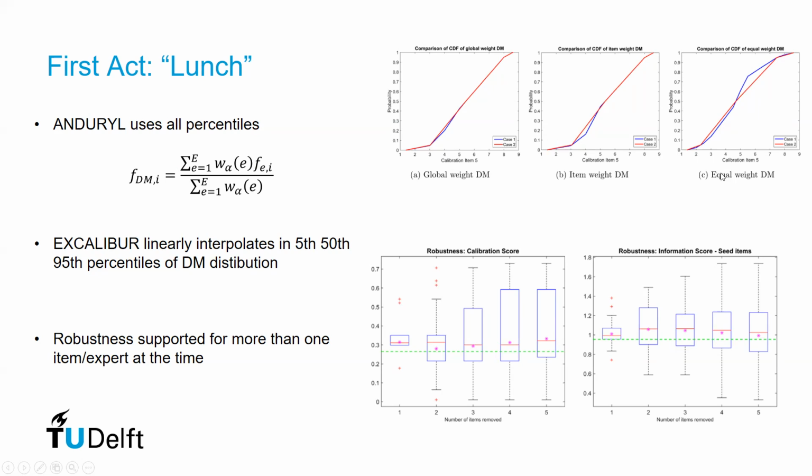So, for example, here in equal weights, you see more disagreement on quantiles which are not the 5th, the median, or the 95th between Excalibur in red and Anduril in blue.